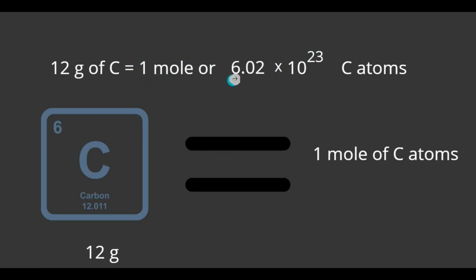And we know that 1 mole is equal to 6.02 multiplied by 10 to the power of 23 particles. But in this case, we know which particles we are dealing with. We are dealing with carbon atoms, right? So 12 grams of carbon equals 1 mole of carbon atoms, or 6.02 multiplied by 10 to the power of 23 carbon atoms.